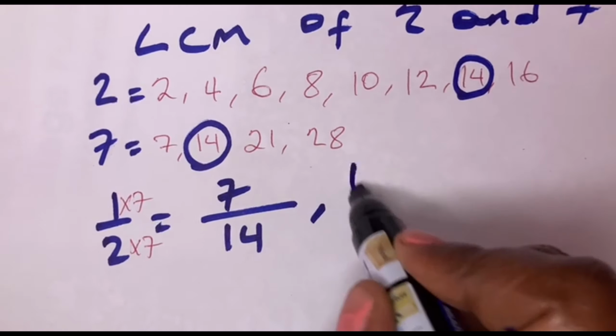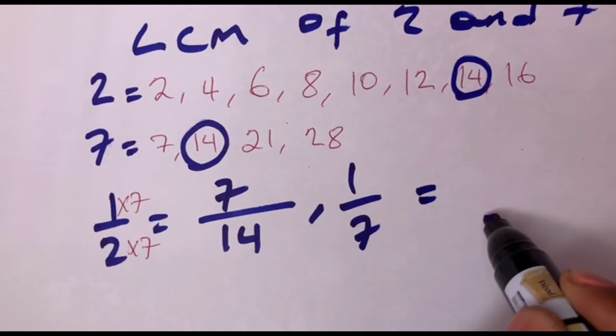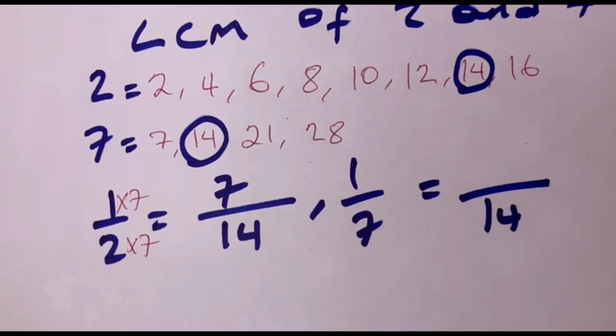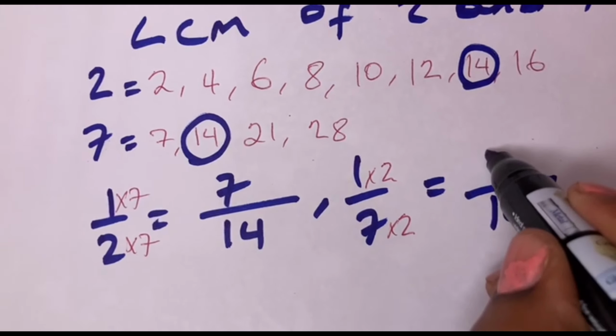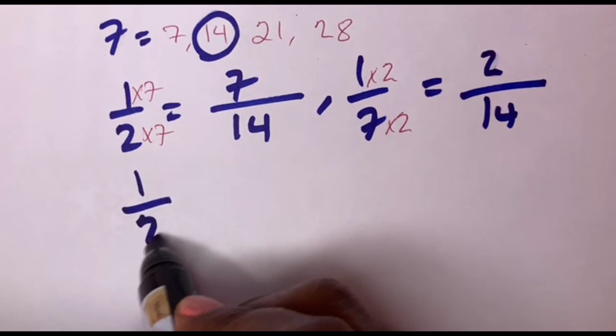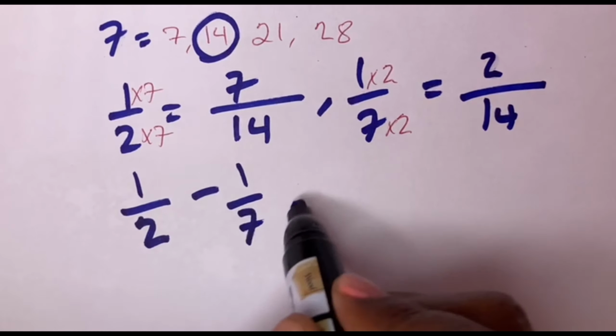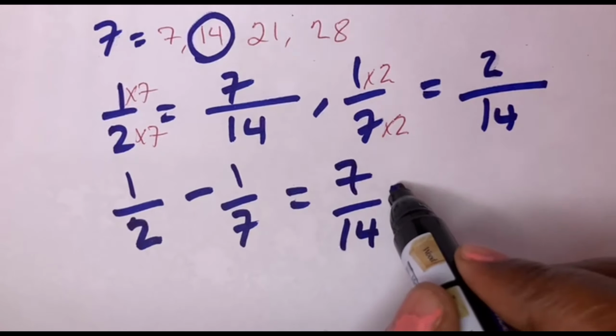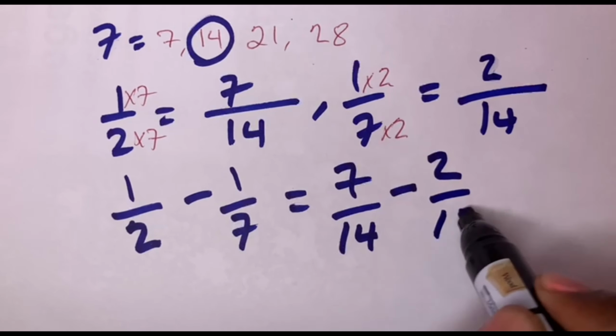The other one, 1 over 7, changes its denominator as well to 14. So 14 is 7 times 2, so we have to multiply this. So 1 times 2 is 2. Therefore, 1 over 2 minus 1 over 7 is the same as 7 over 14 minus 2 over 14.